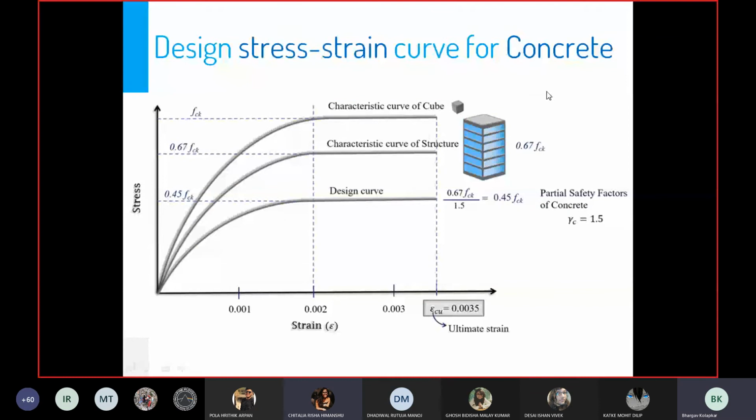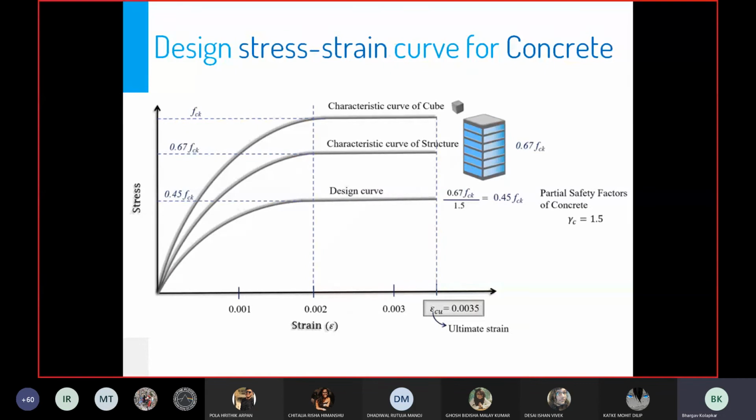Yeah. So if I cast concrete, put it in a cube, let it cure, and then I test it in the lab, and I get the compressive strength as 50 megapascals, meaning that the cube crushed at a stress value of 50 megapascals, then for the same concrete in my structure, the strength that I'm going to assume is 0.45 times 50, which is 22.5.